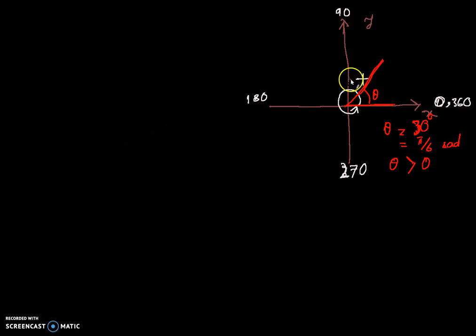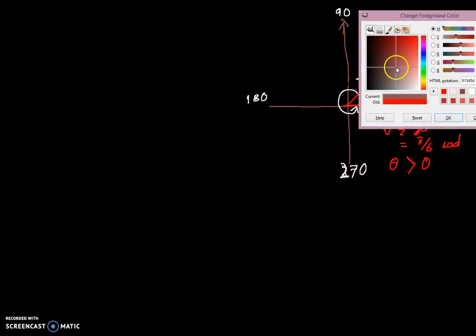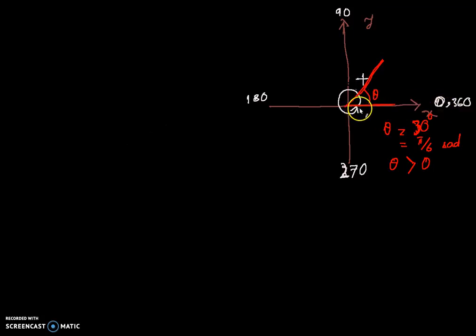If you move in the opposite direction, let's take a blue color. You could start from here, and arrive at the other side of the angle here, moving in this direction.